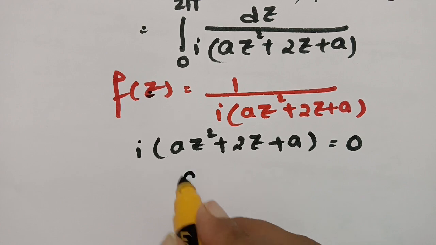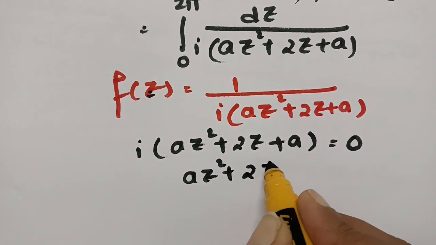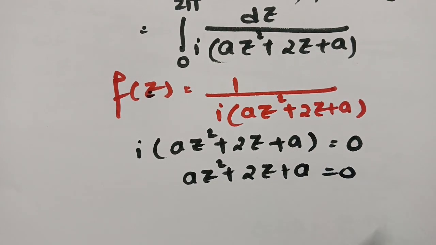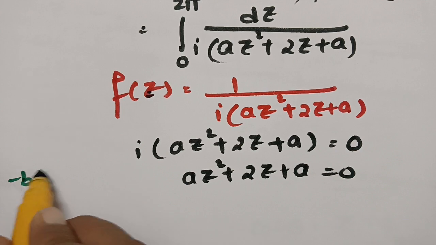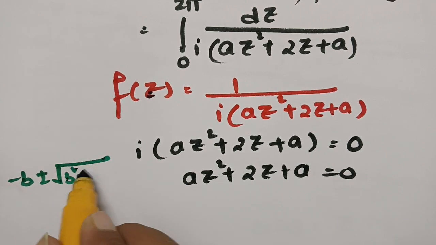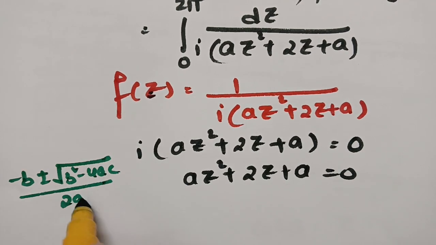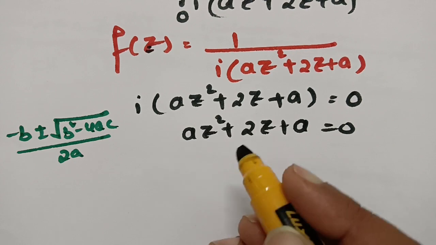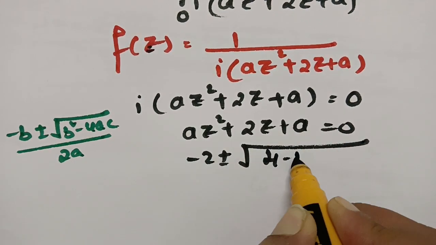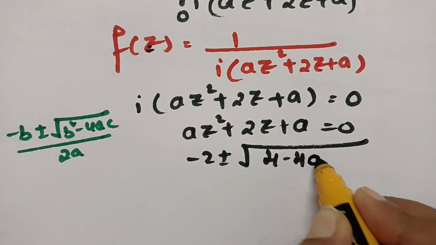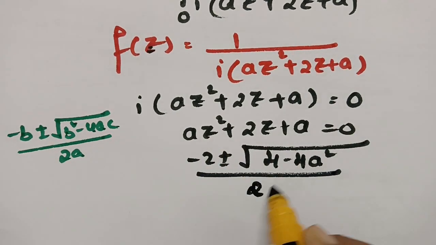So this will be a z square plus 2z plus a is equal to 0. I am going to apply one formula, that is minus b plus or minus root over b square minus 4ac by 2a. So if I apply this formula, this will be minus 2 plus or minus root over b square minus 4 into a into c, that is 4 minus 4a square, by 2 into a.